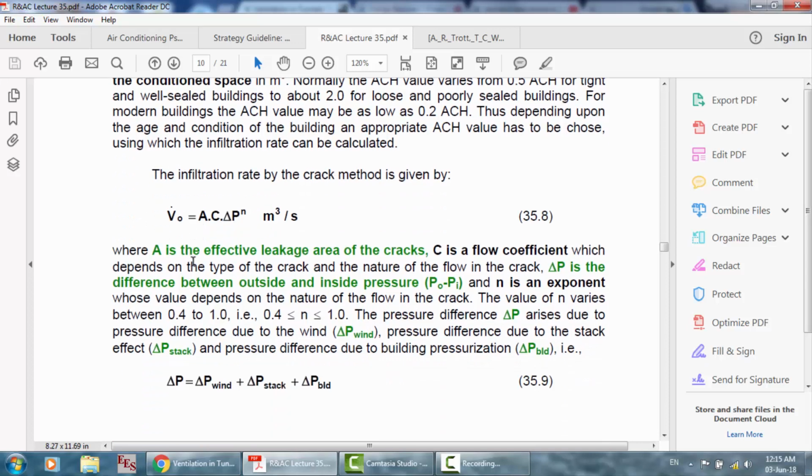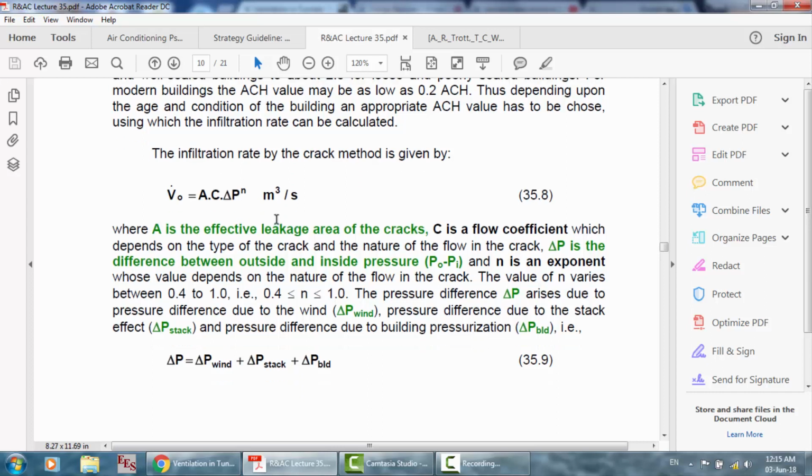So the infiltration rate by the crack method is given by C A delta P to the power n cubic meter per second. A is the effective leakage area of the cracks, and C is a flow coefficient which depends on the type of the crack and the nature of the flow in the crack. Delta P is the difference between the outside and the inside pressure, and n is an exponent whose value depends on the nature of the flow in the crack.